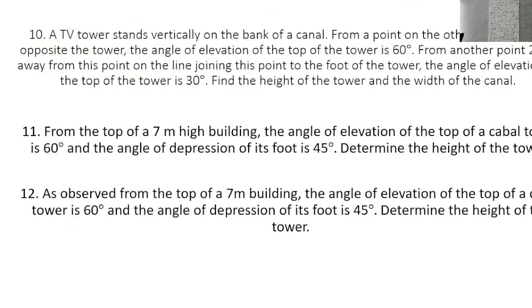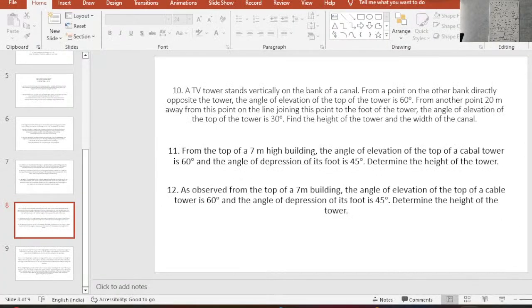Now see this. From the top of a 7 meter high building, the angle of elevation of the top of a cable tower is 60 degrees, and the angle of depression of its foot is 45 degrees. Determine the height of the tower. Okay, this is also a very easy question.